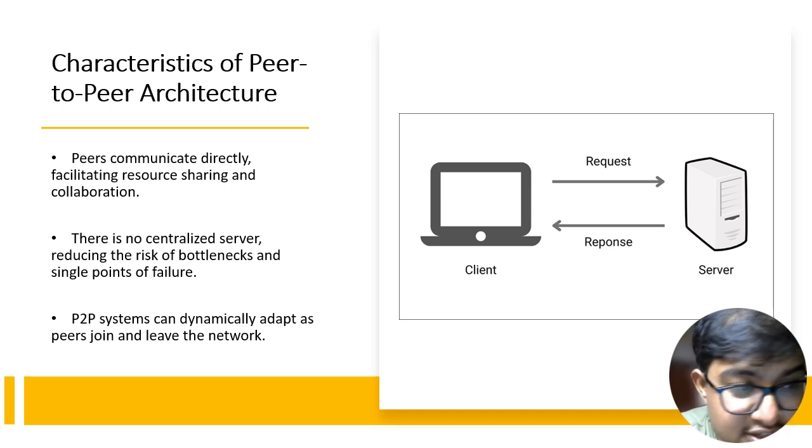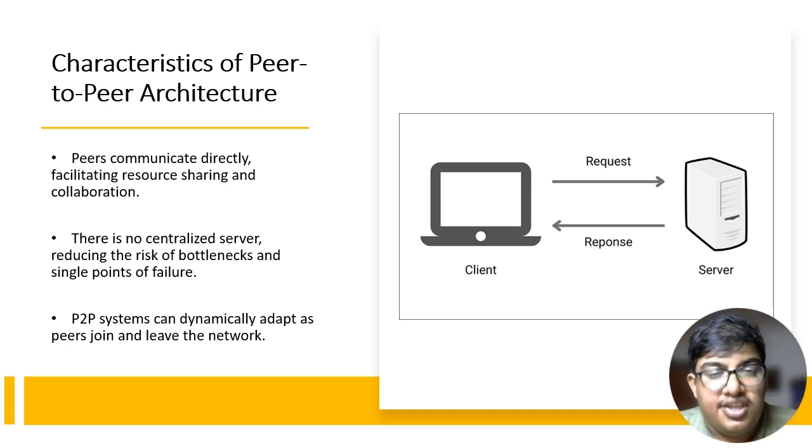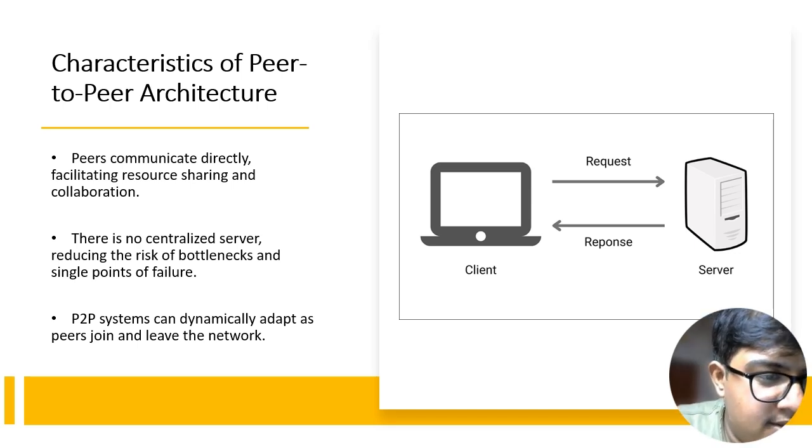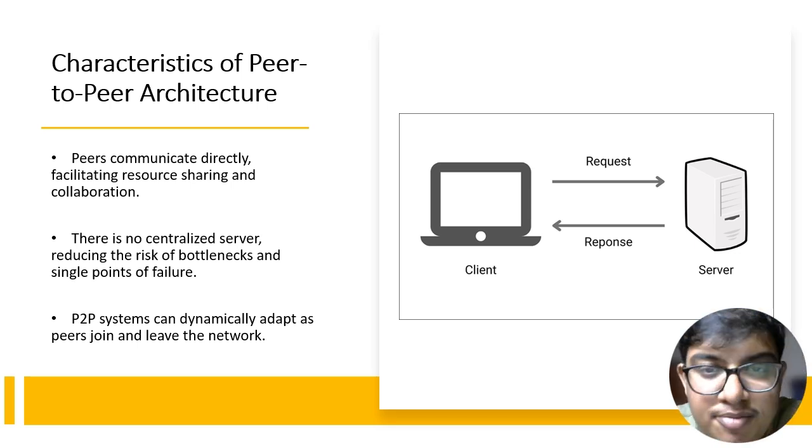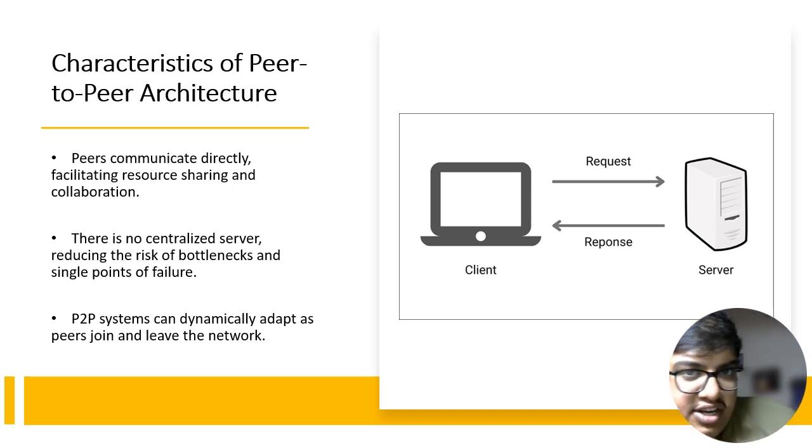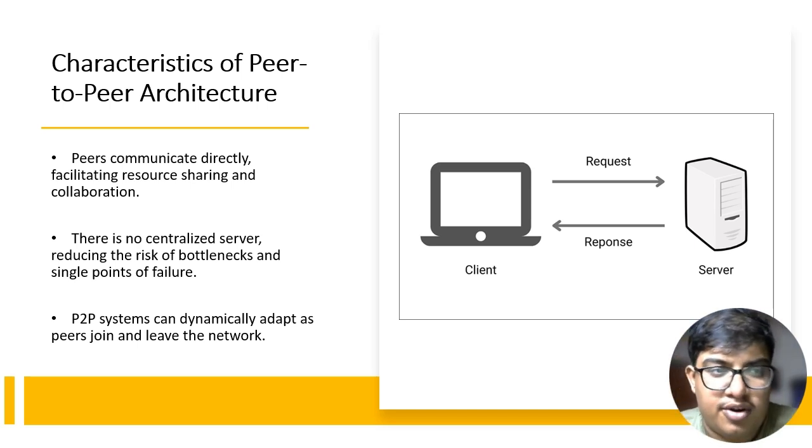Since there is no centralization here, there is no risk of bottlenecking from a lot of requests coming through, and even if one system collapses, you don't need to worry about the whole setup going off totally. And P2P systems can dynamically adapt as peers join and leave the network. So it's automatically scalable as people join and keep leaving.